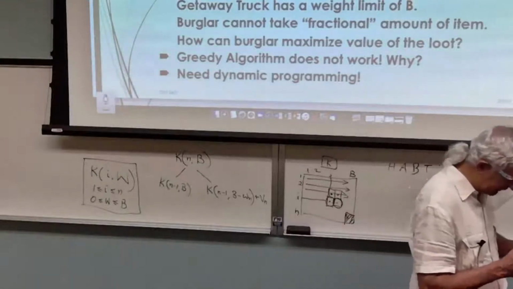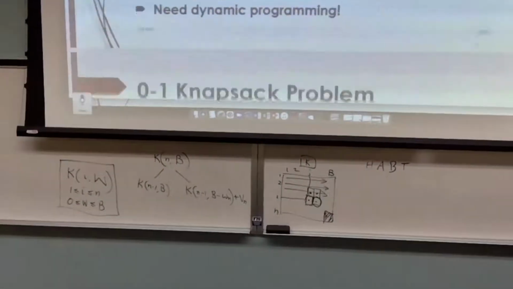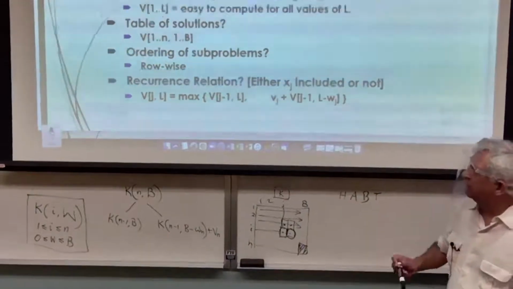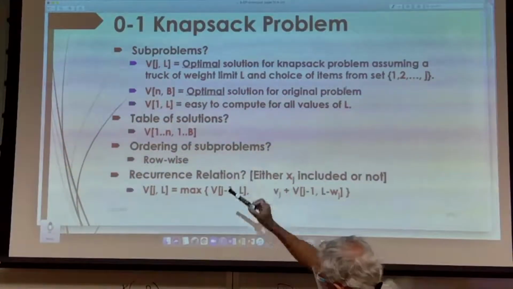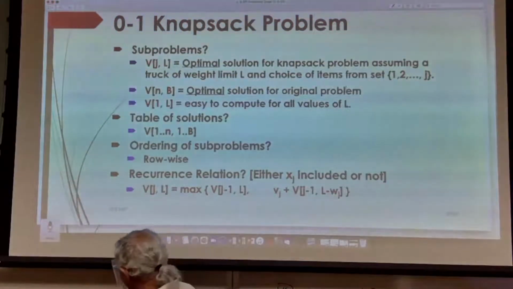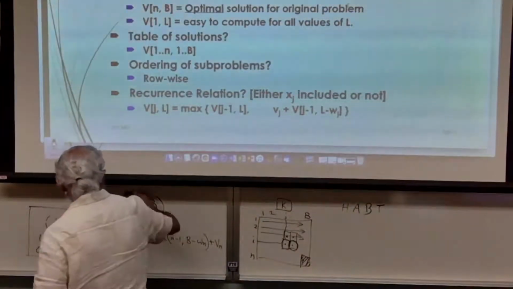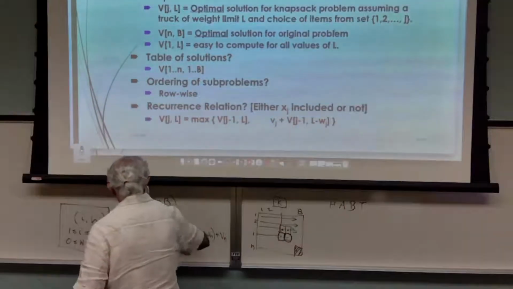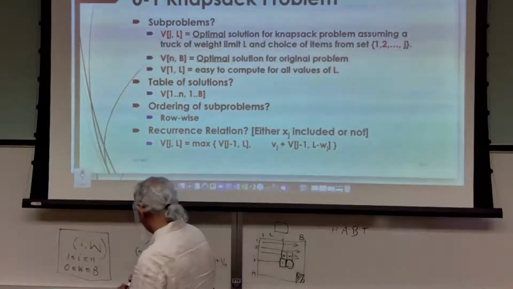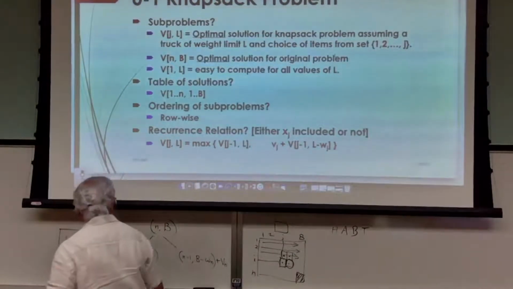I have to write the recurrence relation next, and you'll see that it comes out quite easily. So those are my subproblems. Instead of k, I called it v. So let me fix that so that it's all consistent. All right, so this is v.